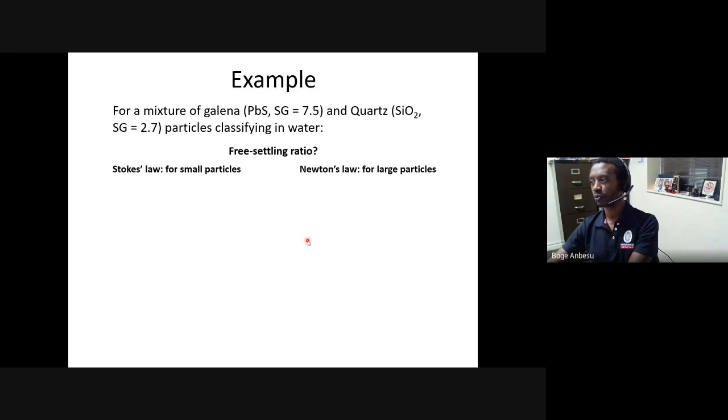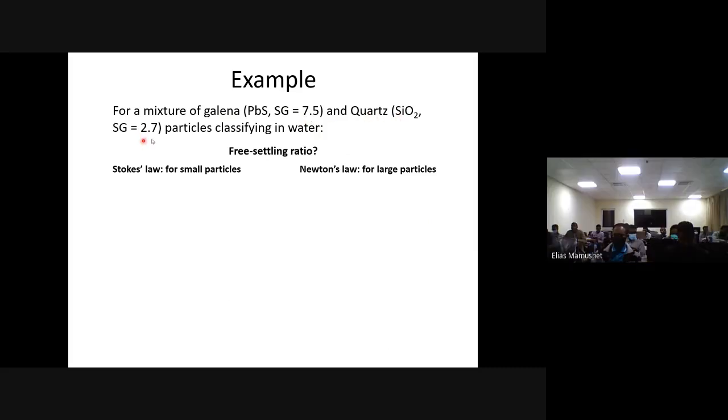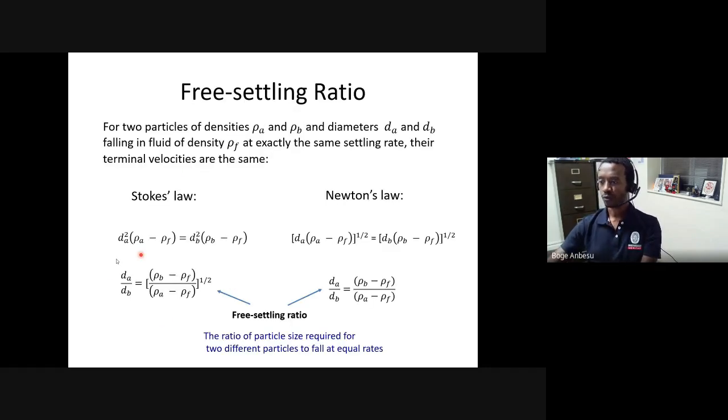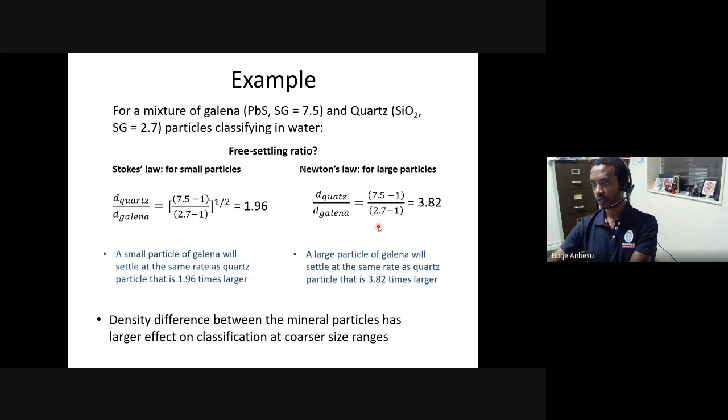Maybe this example here will help explain what I'm talking about. So if you have, for example, a mixture of galena with specific gravity of about 7.5 and quartz with specific gravity of about 2.7, and let's say both of them are being classified in water, you can work out the free settling ratio of those two particles based on these expressions here, if Stokes law applied, for example, for smaller particles, or Newton's law for coarser particles.